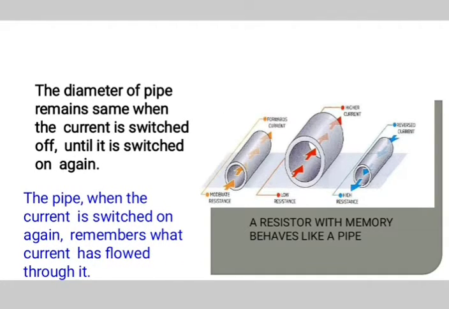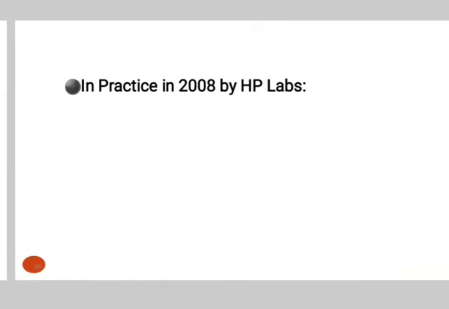Here the diameter of the pipe remains the same when the current is switched off until it is switched on again. So the pipe, when the current is switched on again, remembers what current has flowed through it. So a resistor with memory behaves like a pipe.